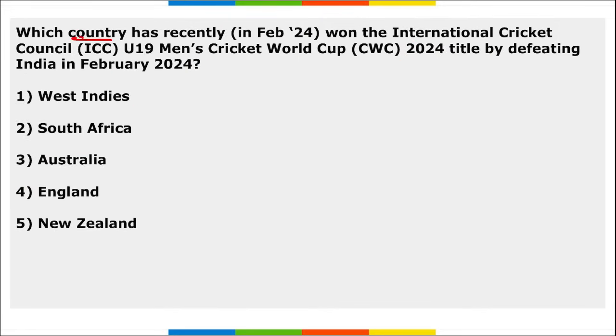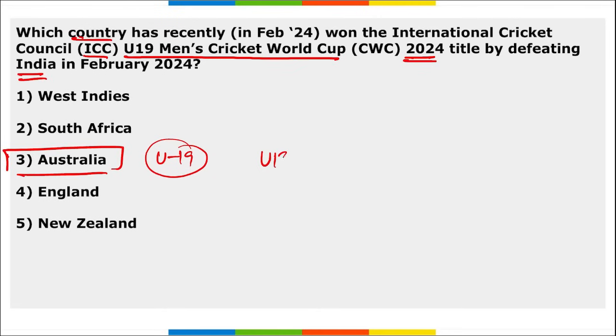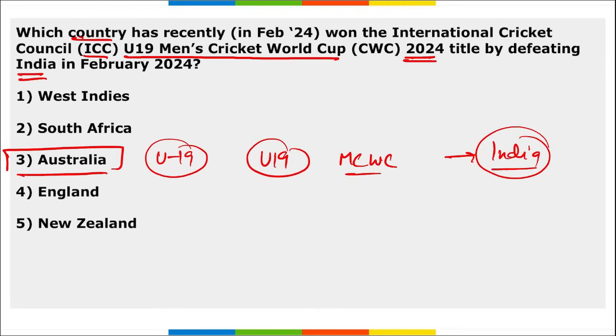Next, which country recently won the ICC Under 19 Men's Cricket World Cup 2024 title by defeating India in the finals? The Australian under 19 men's cricket team has won the Under 19 Men's Cricket World Cup, and they defeated our Indian under 19 team in the finals to win this cup.